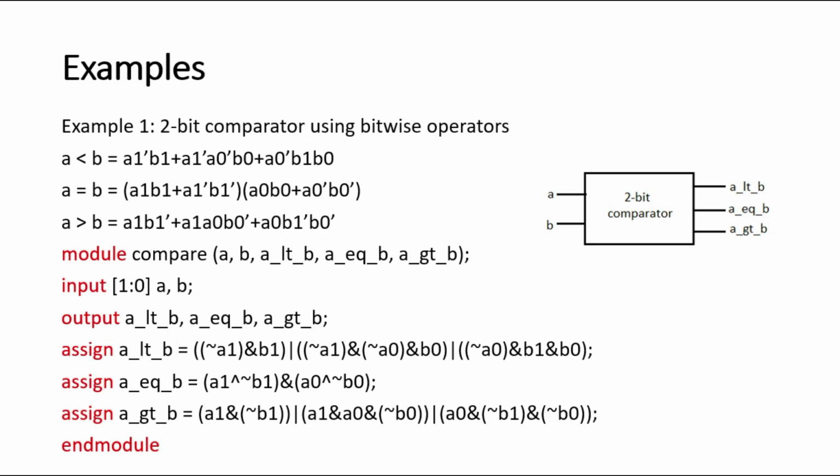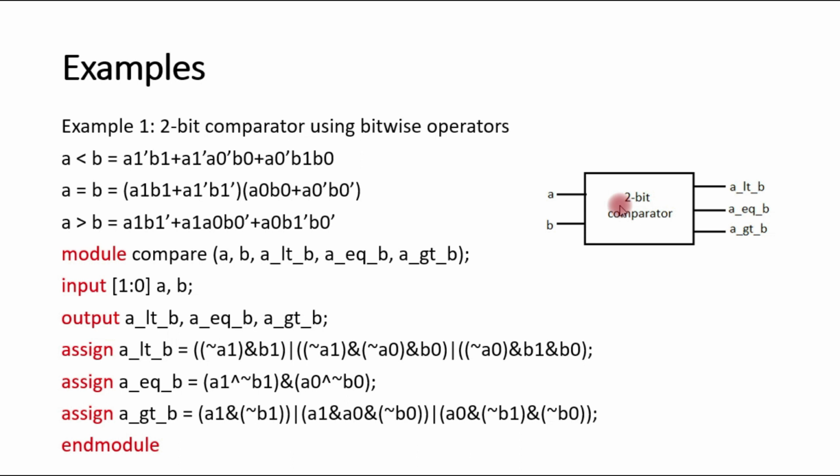And here a 2-bit comparator circuit is modeled using bitwise operators in data flow modeling. The comparator is a combinational circuit and the block diagram is shown here. There are 2 inputs A and B and 3 outputs: A less than B, A equal to B and A greater than B. A and B are 2-bit numbers.